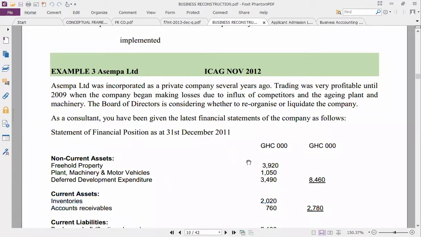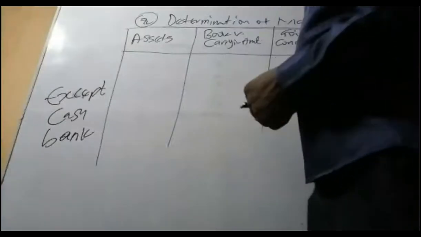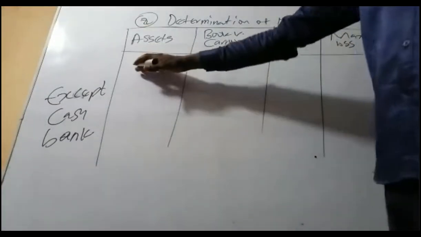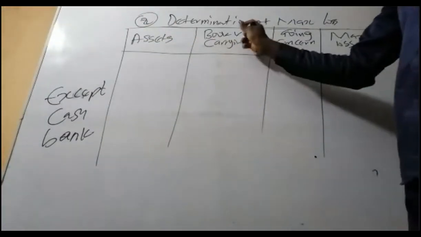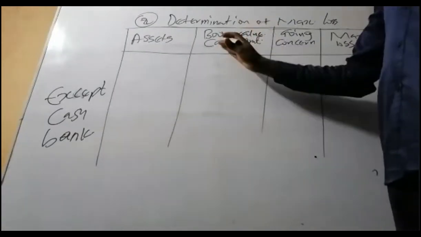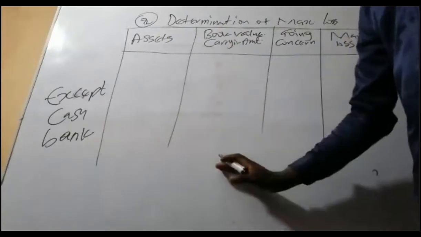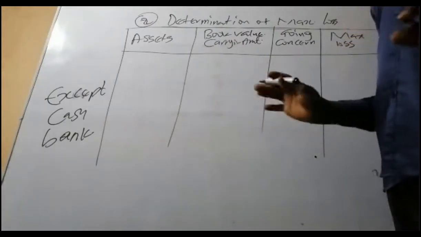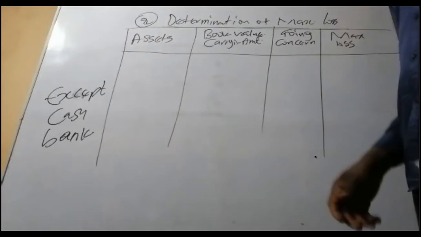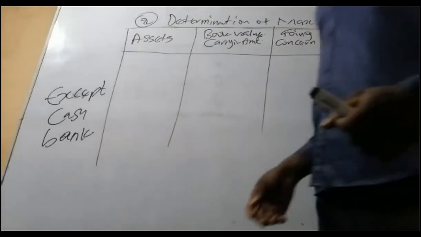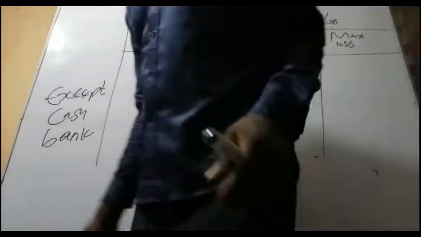Here you are free to copy their figures, but the figures must be under the book value. So if you start with the very first asset, you write the book value here, copy all the associated values, then you relax, then you come back.